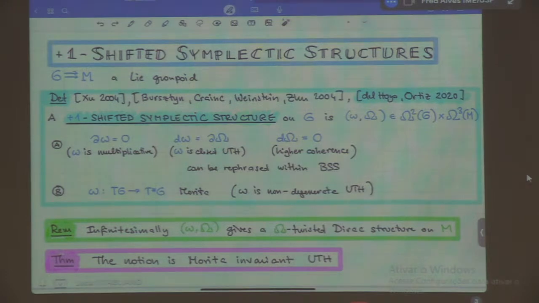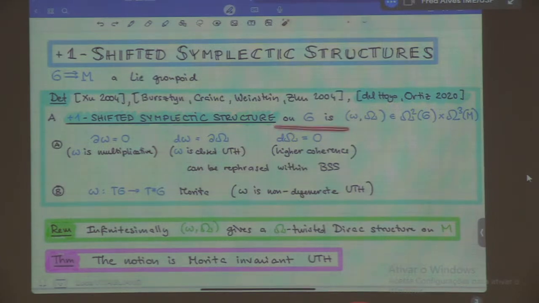Finally, the 3-form satisfies a certain higher coherence condition, which is similar to the higher coherence conditions in infinity algebras. Maybe I should mention that these conditions can also be rephrased in terms of the Bott-Shulman-Stasheff bicomplex of the groupoid. But that's not really important for us.